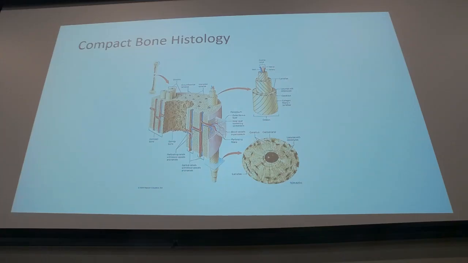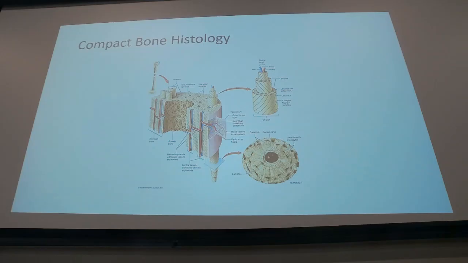So these concentric lamellae are circular layers of calcified bone, and they have as well the collagen fibers. And see how it's shown with angles at different directions? Well, what it's pointing out is that the collagen fibers follow that direction.